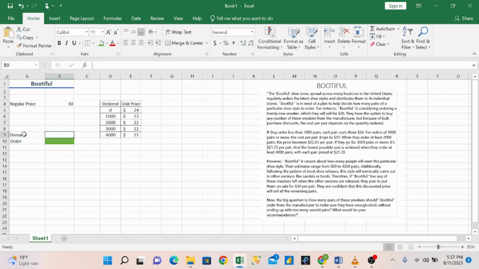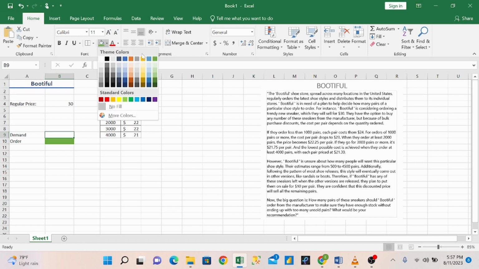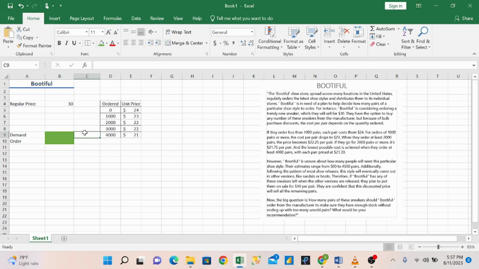This value is still unknown, but a range is being given to us, 500 to 4,000. Let me put in made up numbers here. So 2,000, 2,500.